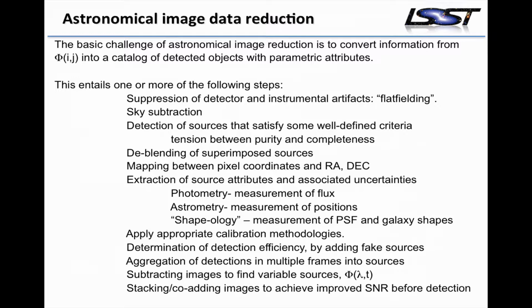An alternative image reduction approach is to actually take some subset of the images, register them with one another, compensate for point spread function differences, and stack them all up in a coadd so that you drill down, improving the signal to noise ratio prior to the detection step. So this is a complicated methodology, and a prerequisite for all this is to really understand the different image artifacts and CCD artifacts that can corrupt the data, and that's really the thrust of what we're talking about in this set of presentations.